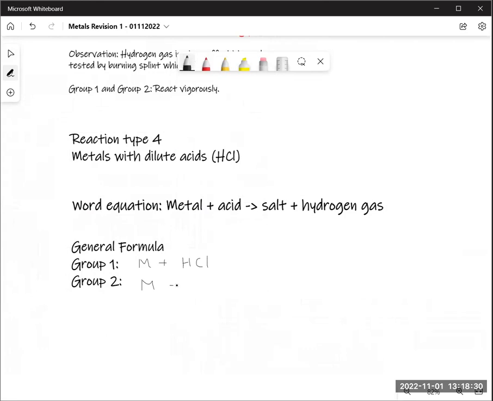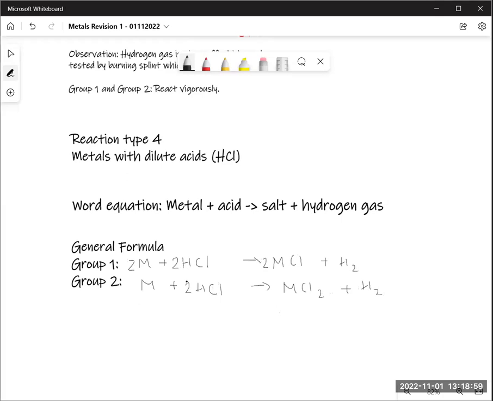So M plus HCl will give us MCl plus H2 gas. This will give us MCl2 plus H2 gas. Now it is missing, this will give us 2. That's balanced. And for this, we need 2M, 2. That's balanced.